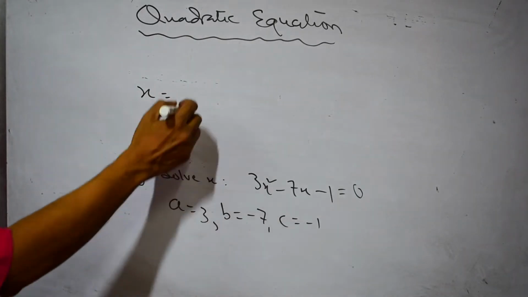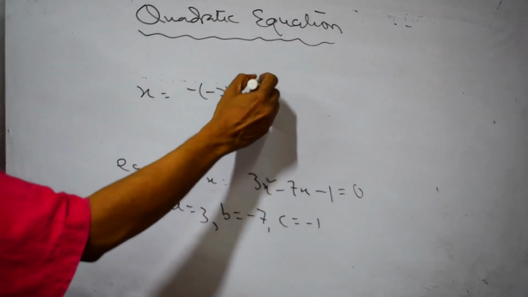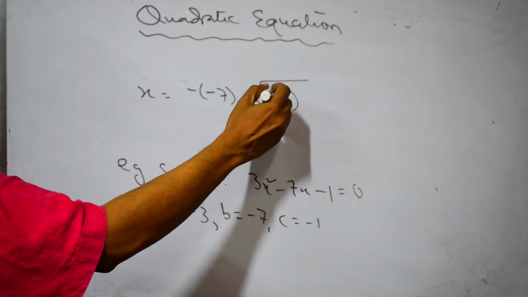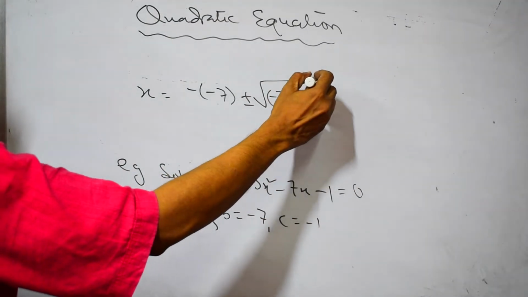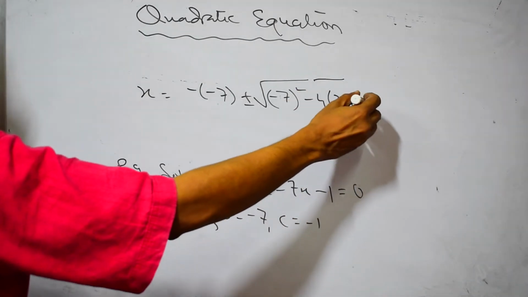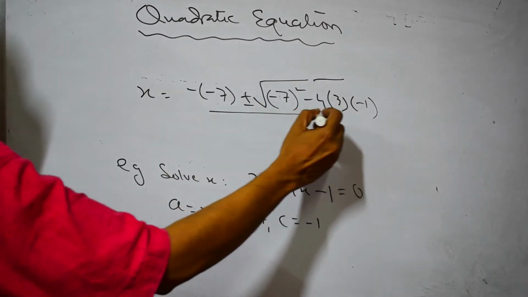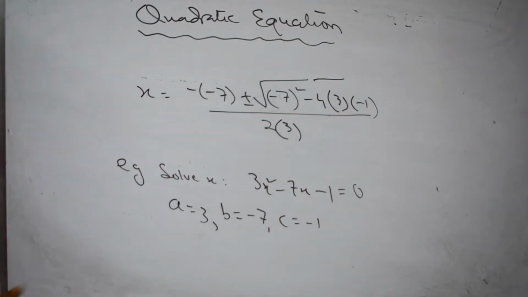So we can use the formula written above and we get the values of x, as two values will come. x will be minus b, that is minus of minus 7, plus minus root over minus 7 square, because b square, minus 4ac. a is 3 and c is minus 1. The denominator is 2a, that is 2 into 3.